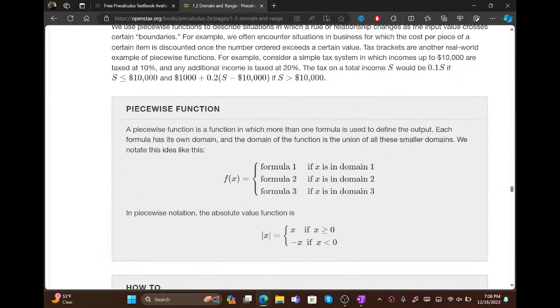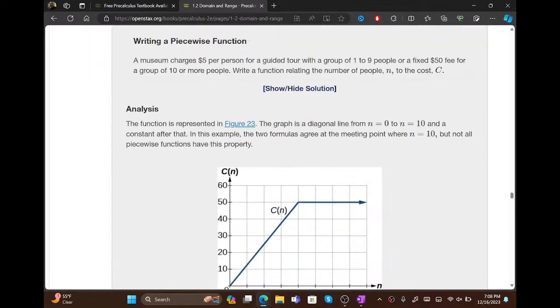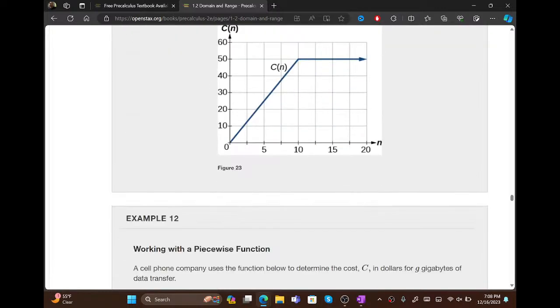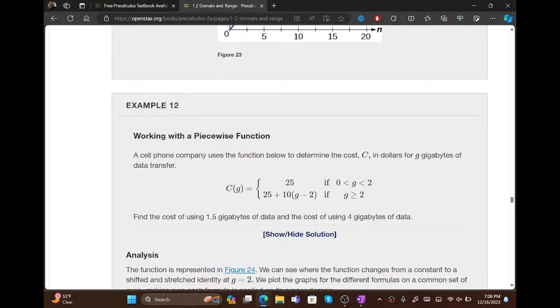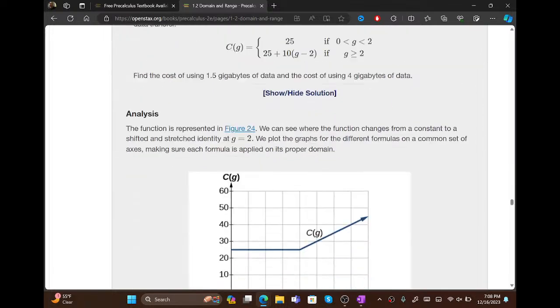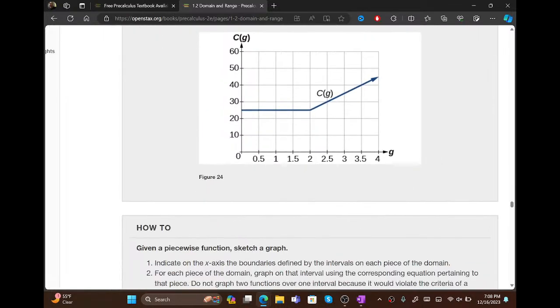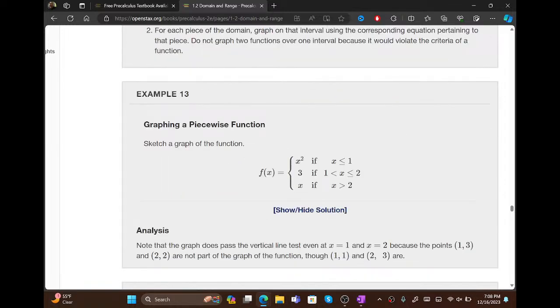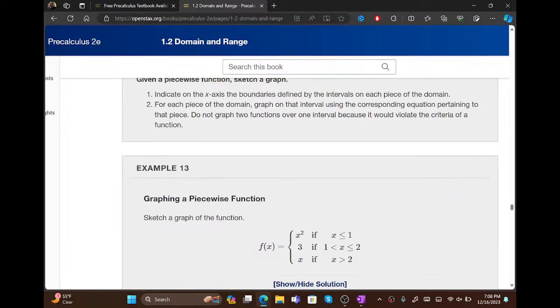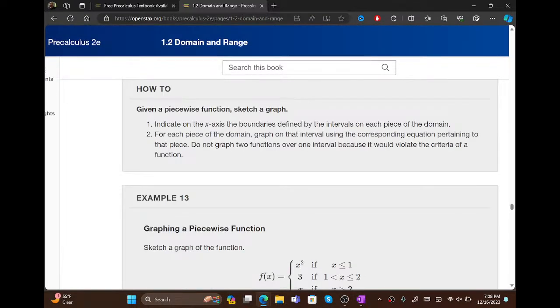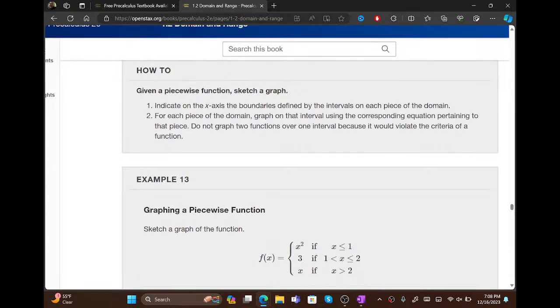Now, graphing piecewise defined functions is another thing. Piecewise defined functions are functions where they have certain restrictions at certain endpoints or certain x values, like the absolute value function had restrictions. We're going to do this one, and then finally that'll be the last example of this section.